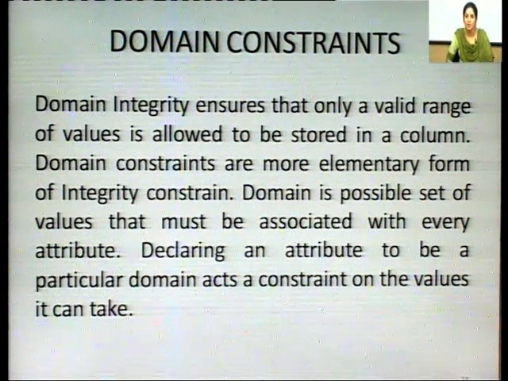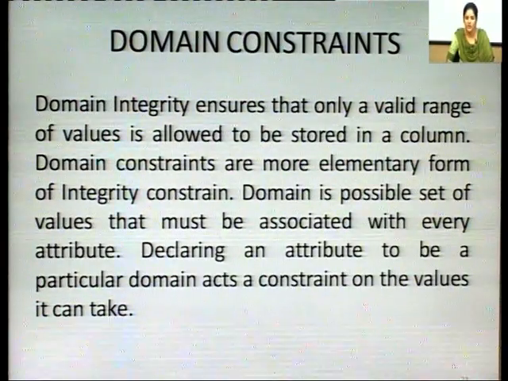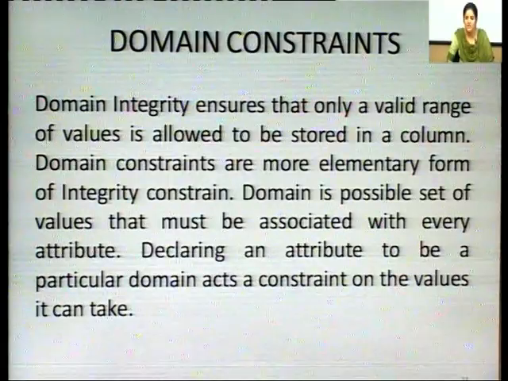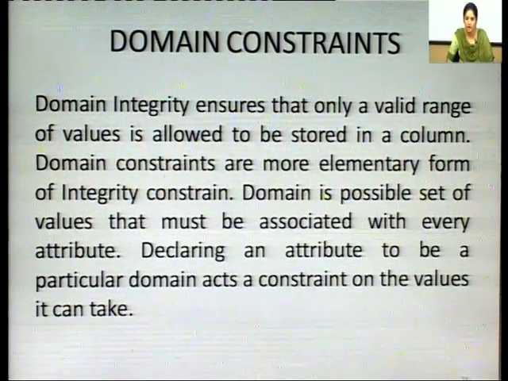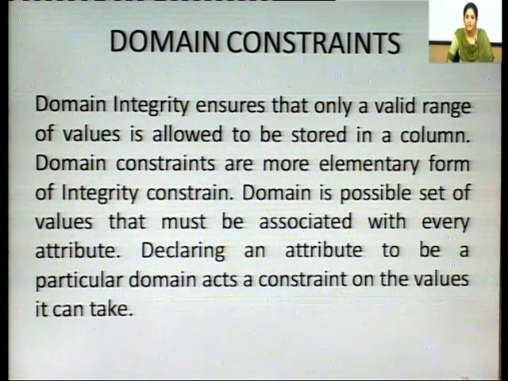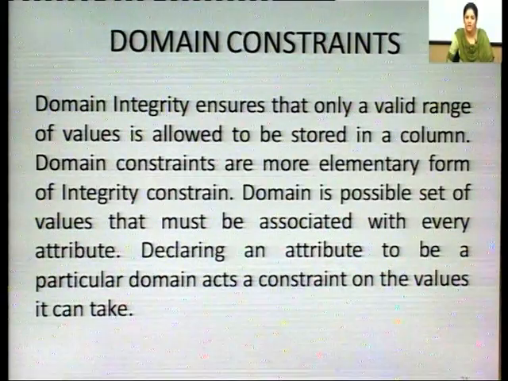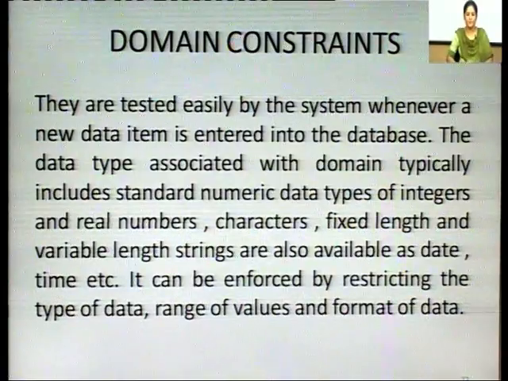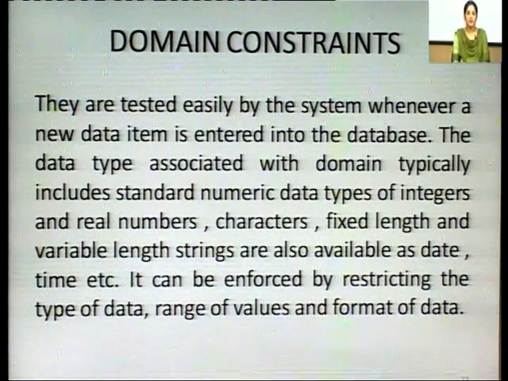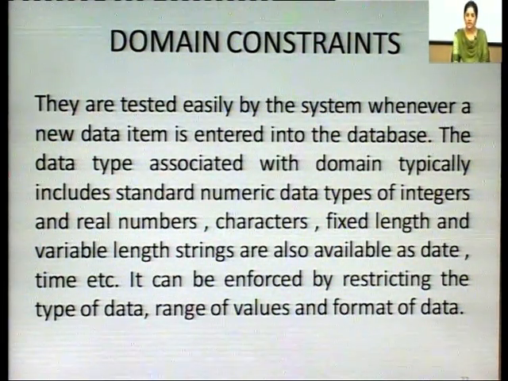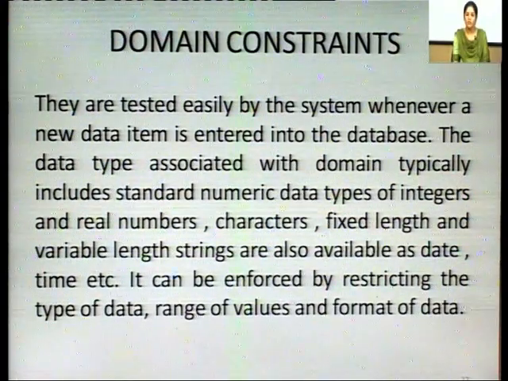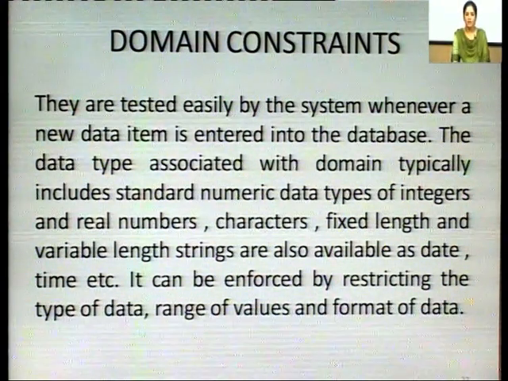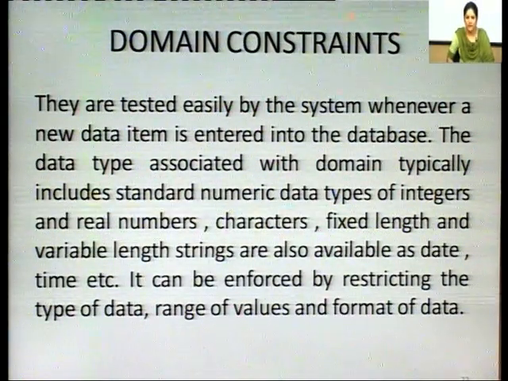Domain constraints are the more elementary form of integrity constraint. A domain is the possible set of values that must be associated with every attribute. Declaring an attribute to be of a particular domain acts as a constraint on the values it can take. The domain constraints are tested easily by the system whenever a new data item is entered into the database.